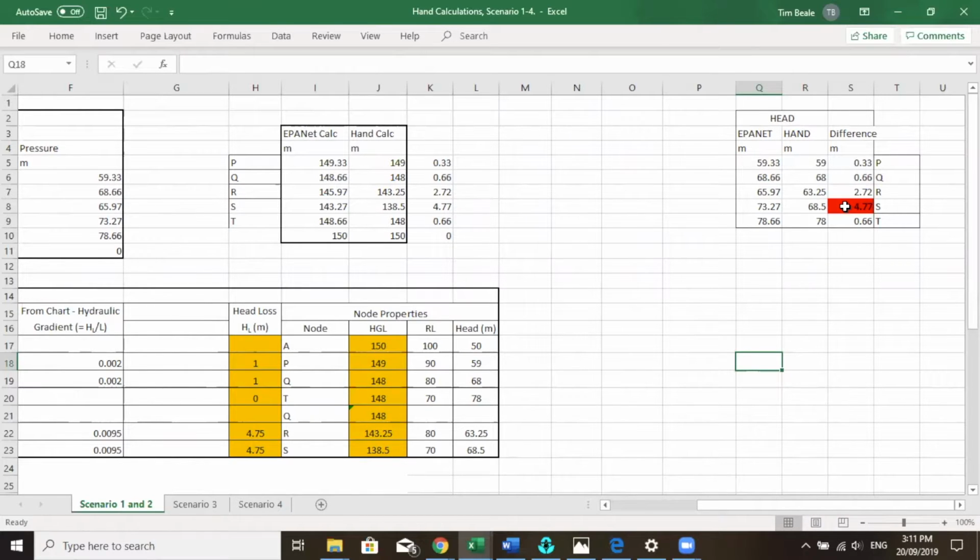This might be due to the fact that we have used a different method of calculating the head. EPANET uses the Darcy-Weisbach equation, and we have used a Colebrook-White equation. Some other errors may just be human error or small rounding errors.